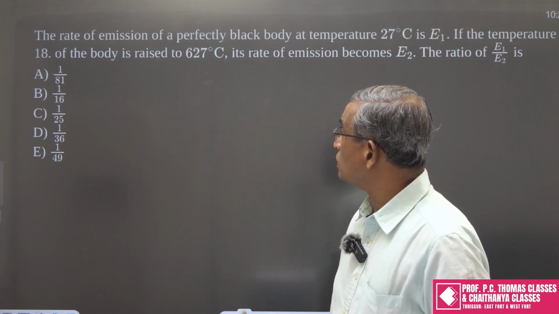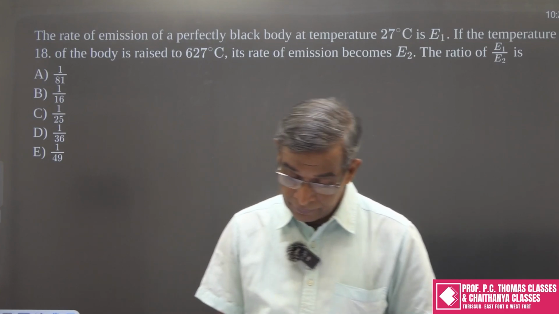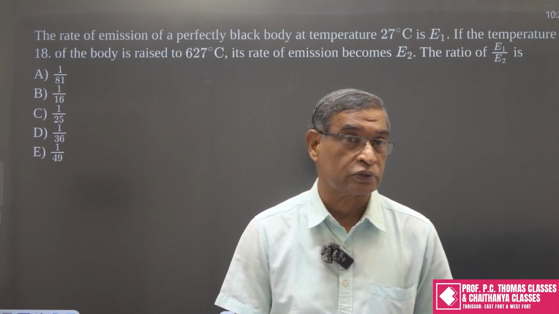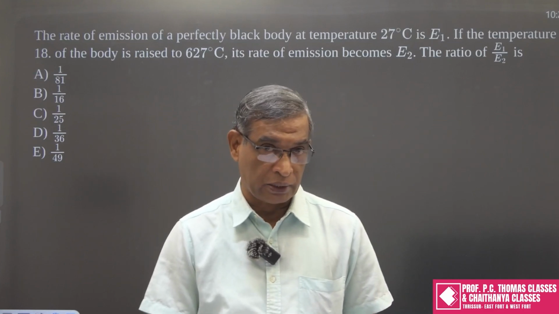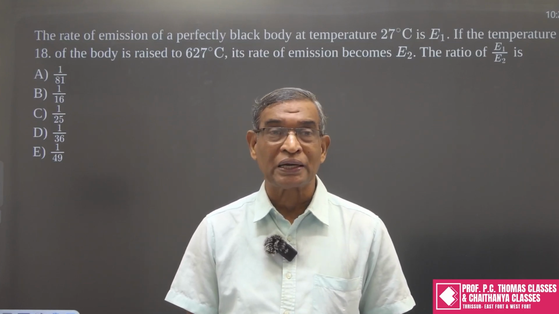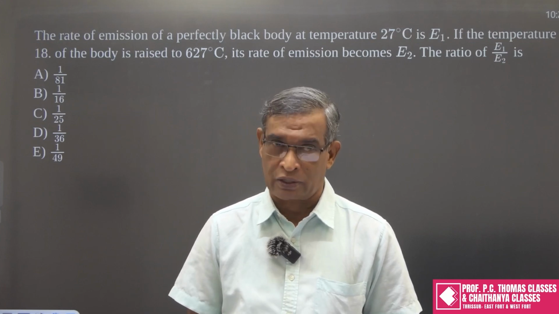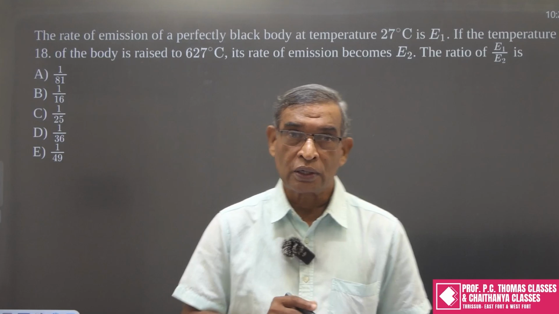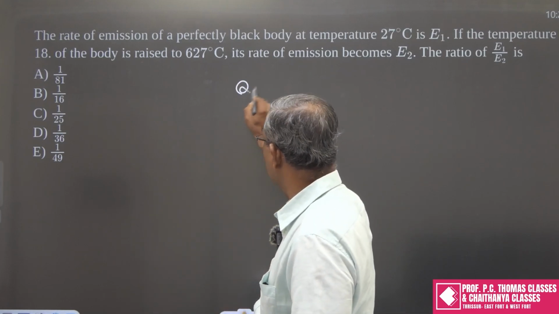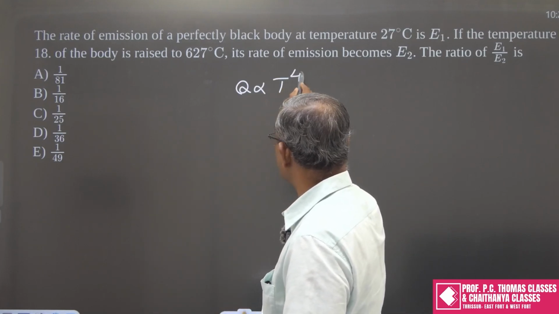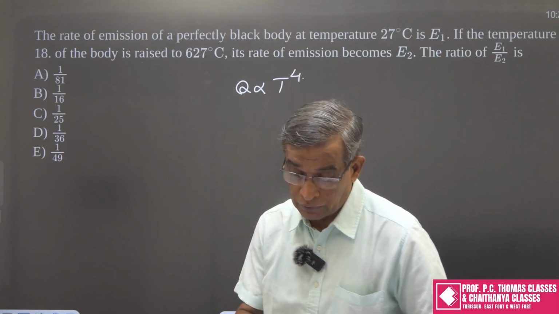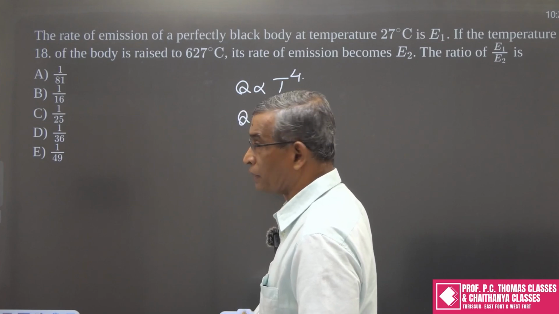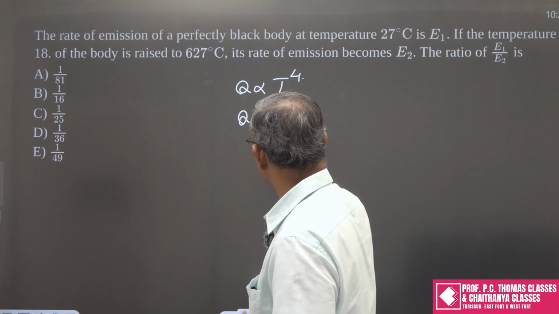The rate of emission of a perfect black body at a temperature of 27 degrees. Whenever you apply Stefan's law, the temperature is not in degrees but on the absolute scale. So 27 degrees centigrade is 300 Kelvin. Our body is at 300 Kelvin. By Stefan's law, heat radiated per second per unit area is proportional to the fourth power of absolute temperature. Therefore, in the first case, Q is proportional to 300 whole raised to 4.